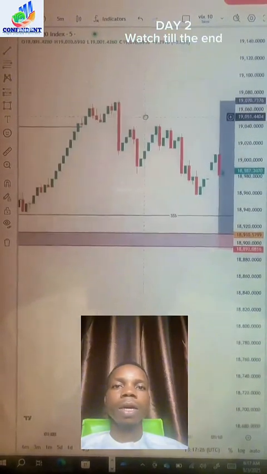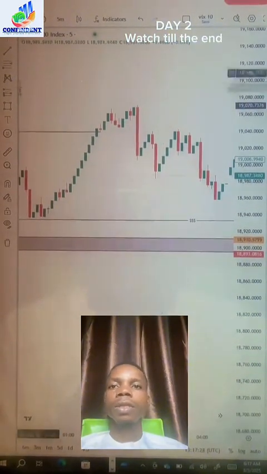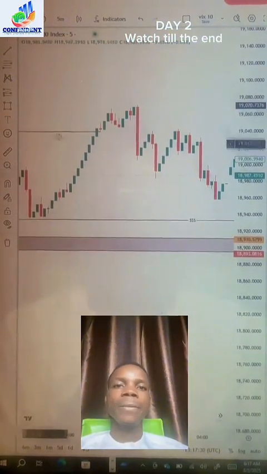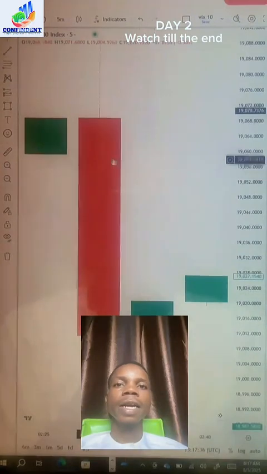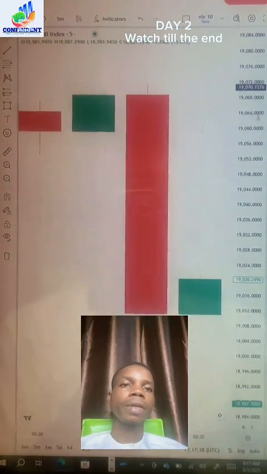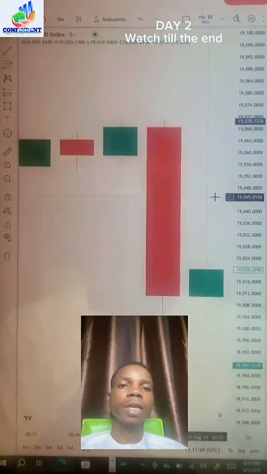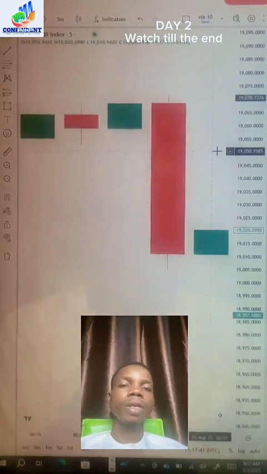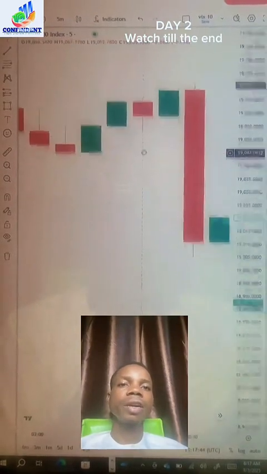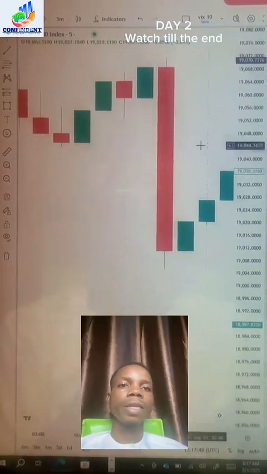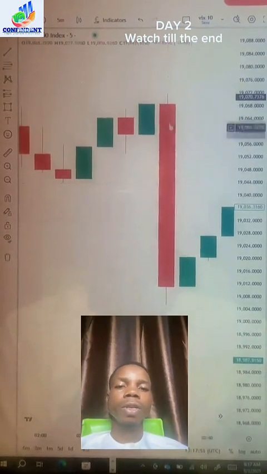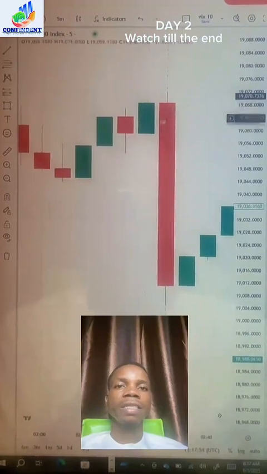As you can see, this particular candlestick pattern is a very good example of an engulfing bar pattern. This is exactly what I'm talking about. This is a bearish engulfing bar pattern. Before we talk about the psychology behind the formation, let's quickly talk about how to identify it in the market.